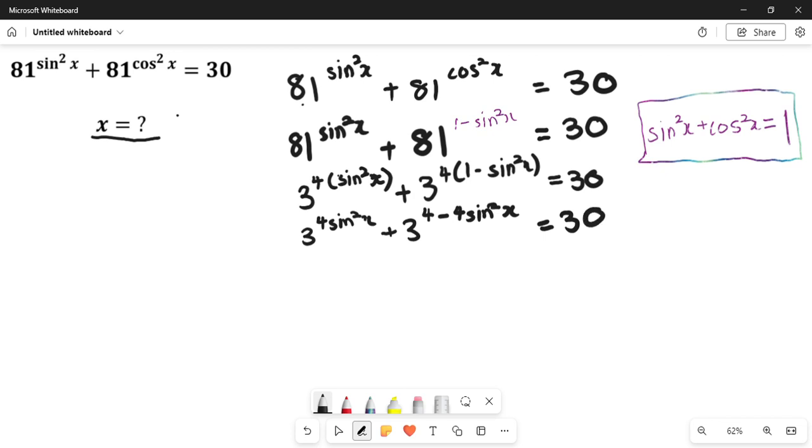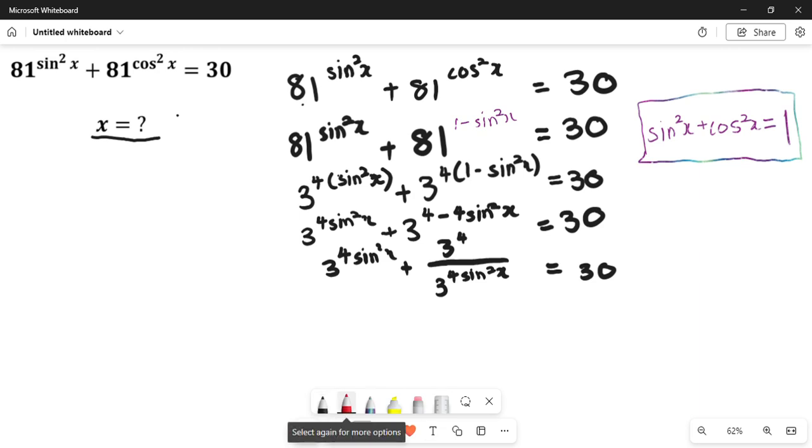So I can rewrite this as 3 to the power of 4 sine square x plus 3 to the power of 4 divided by 3 to the power of 4 sine square x equals 30. And then I can use let y equal to 3 to the power of 4 sine square x.